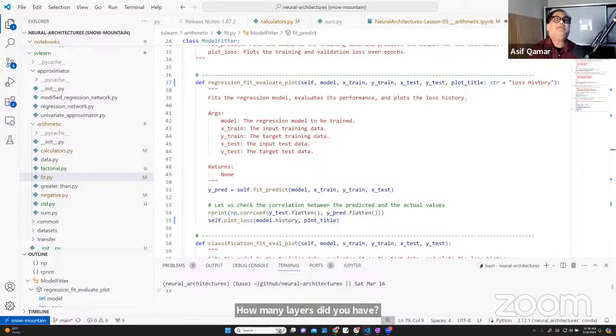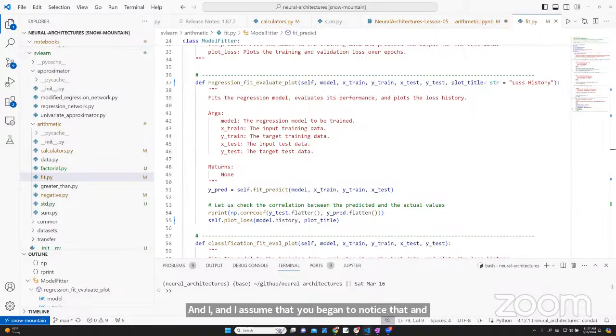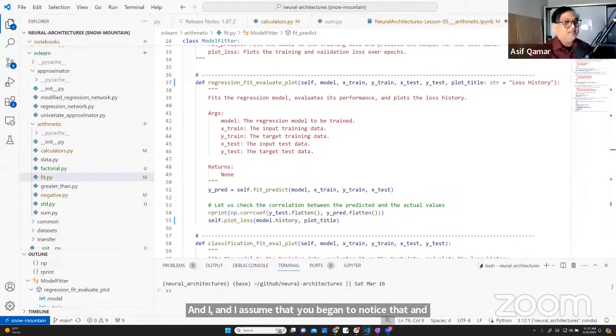3 hidden layers. Now see, L1 loss is good in this sort of problem, because when you do it with that, your y minus y hat squared can quickly lead to infinities, right? Out of bounds. And I assume that you began to notice that and used the L1 loss. Mm-hmm. That's basically it.